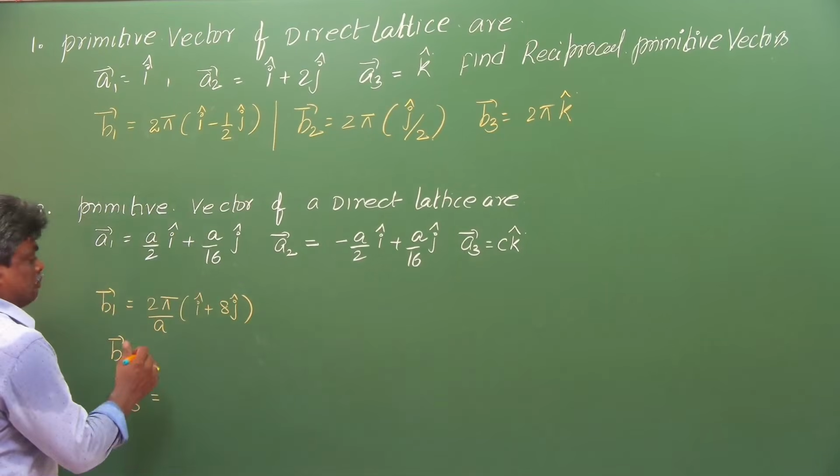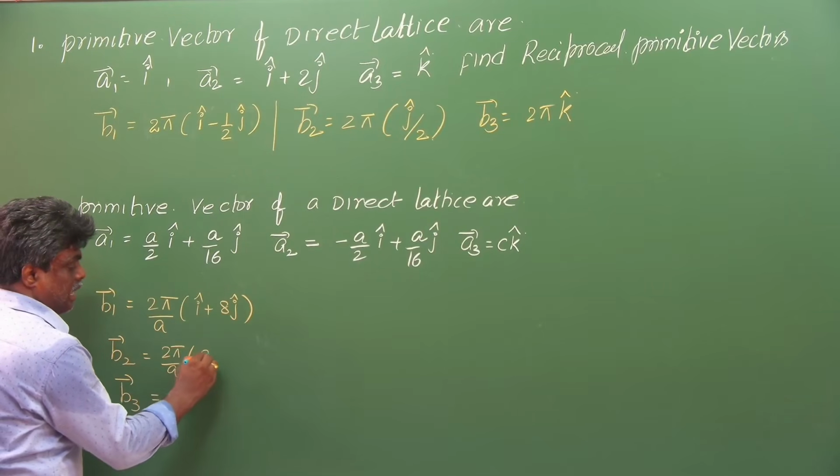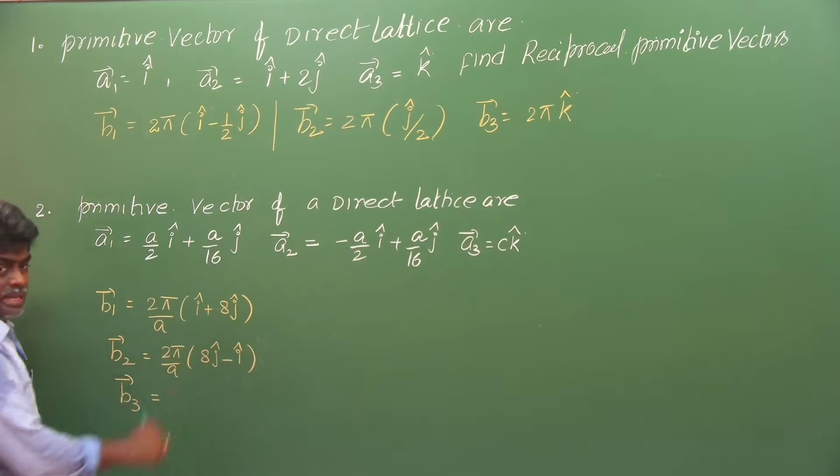Next, B2 bar, 2 pi by a, 8j cap minus, oh, minus i cap plus 8j.